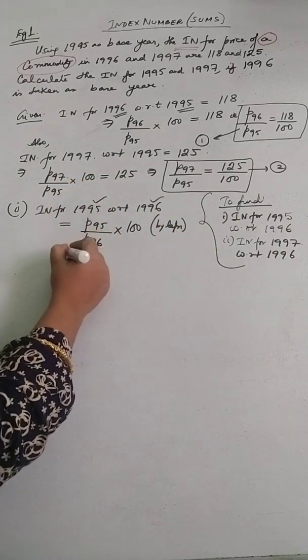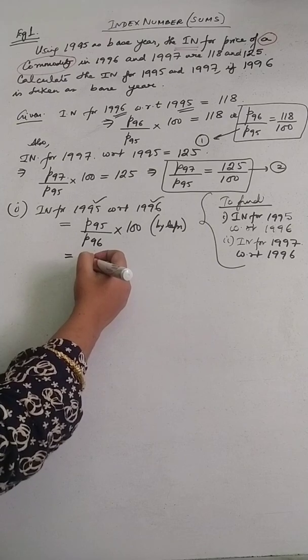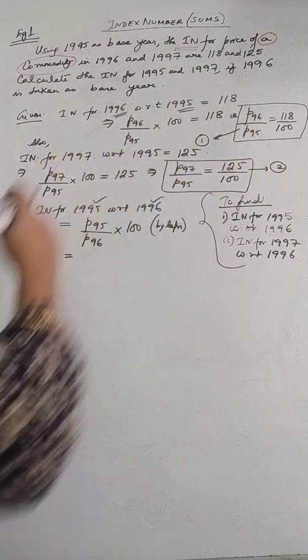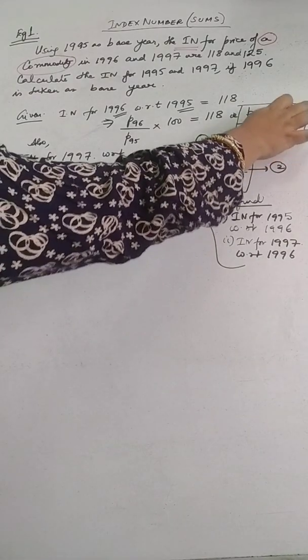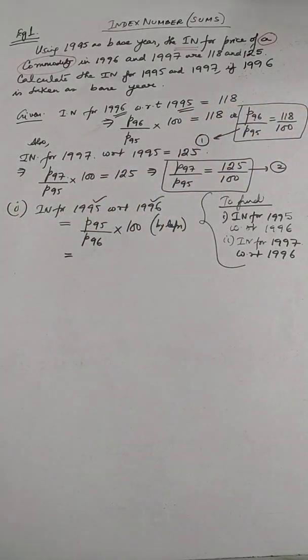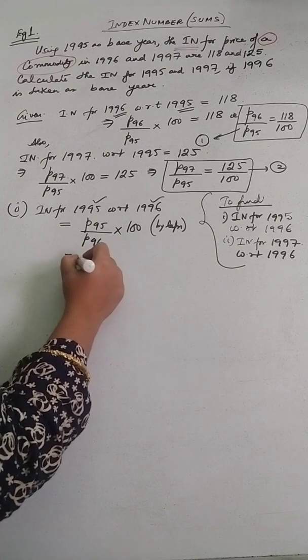So this is equal to P95 by P96. How will we get from here? One option is you can replace P96 with 118 by 100 into P95. That way you can write it. Or straight away you can take the reciprocal, whichever you find convenient.